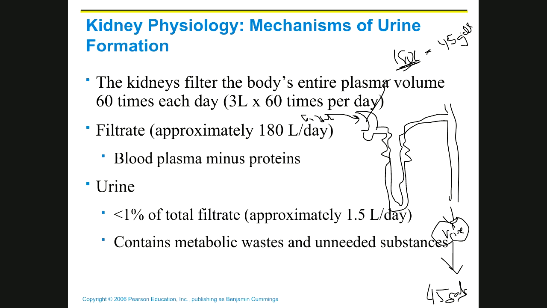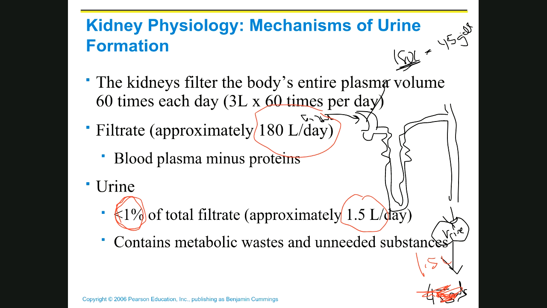So obviously, not all of this can go through and become urine, because we only excrete about 1.5 liters a day, not 45 gallons. So in other words, it's a little bit less than 1%.